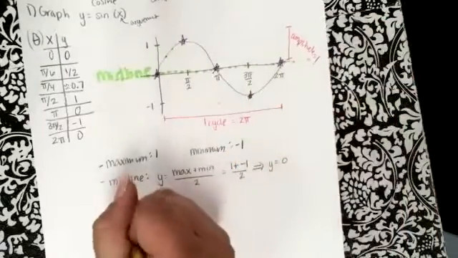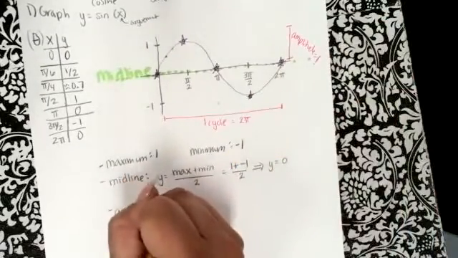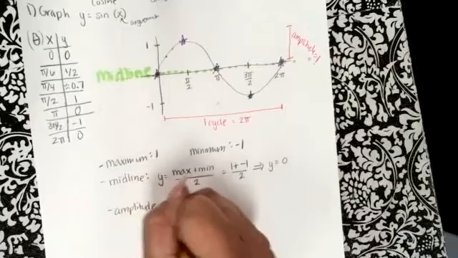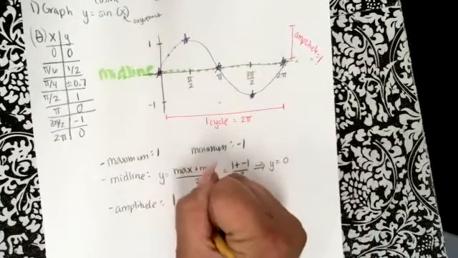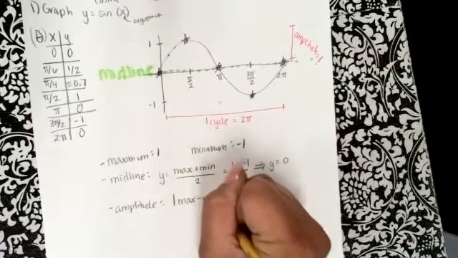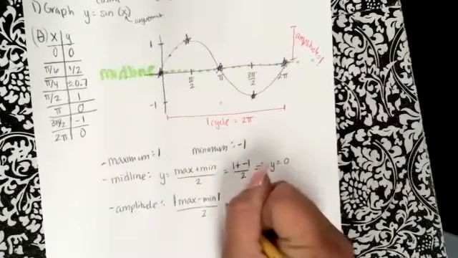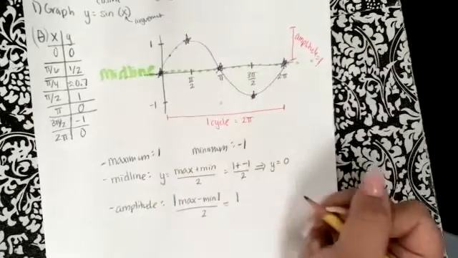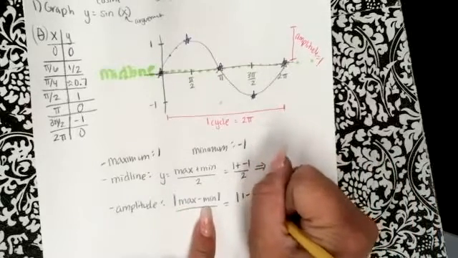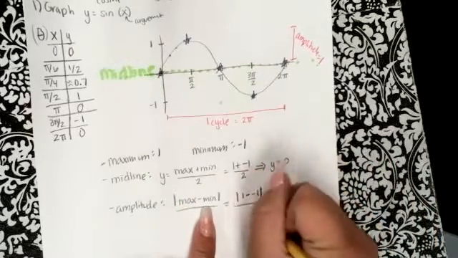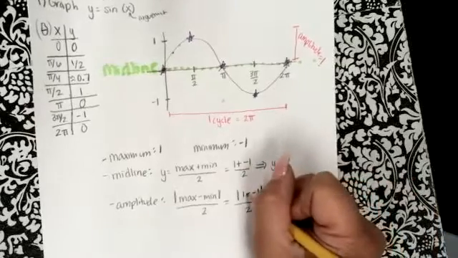The amplitude is going to be the absolute value of the maximum minus the minimum, divided by 2. So in this case, the maximum was 1 minus the minimum, which is -1. Two negatives make a positive.